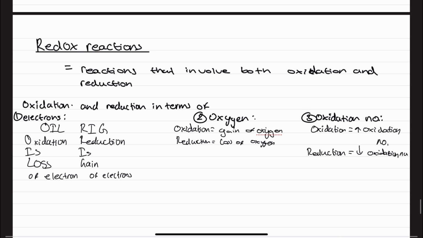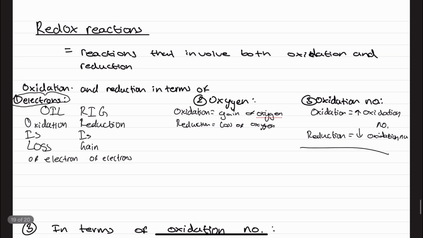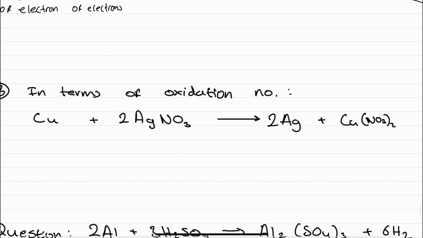Now, number 1 comes up a lot in A2, so we will cover that when the chapter comes up. Number 2 doesn't necessarily come up and is not necessarily examined in any specific way. However, number 3, oxidation number, is extremely important for AS. So, oxidation and reduction in terms of oxidation number.